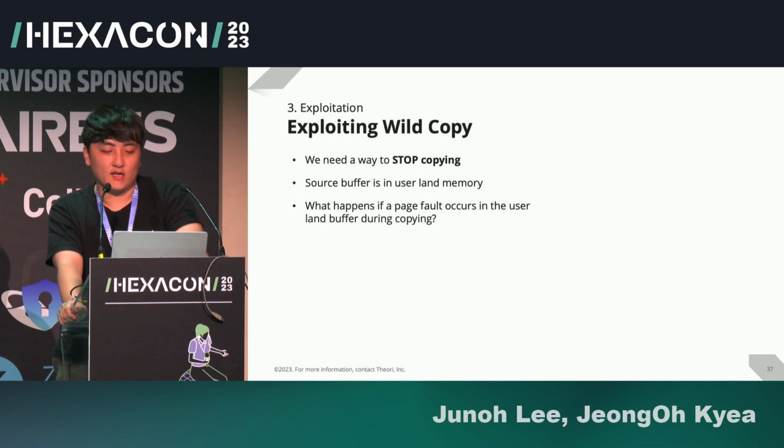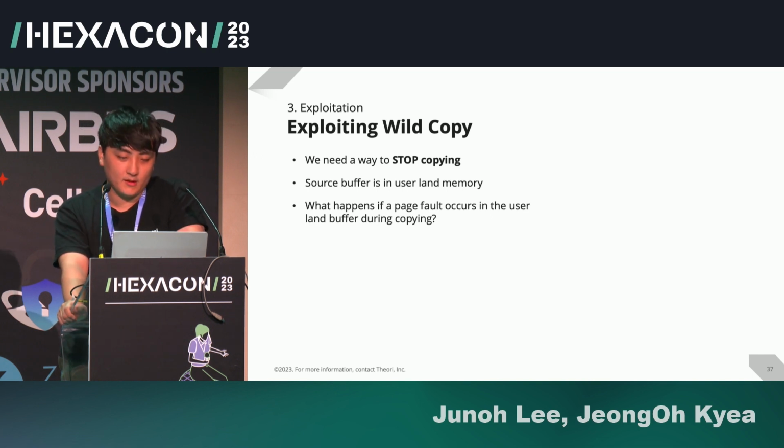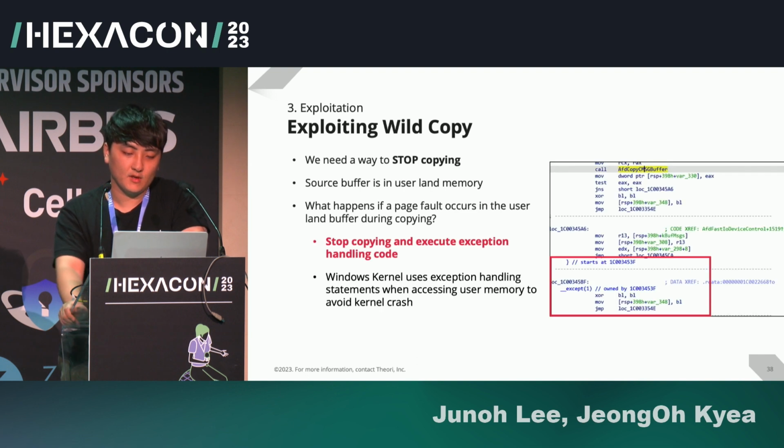Let's take a look at our current situation. The source buffer being copied is the user buffer of user land. Then what happens if a page fault occurs in user land rather than kernel when copied? In fact, the Windows kernel stops copying and continues execution without causing a kernel crash.